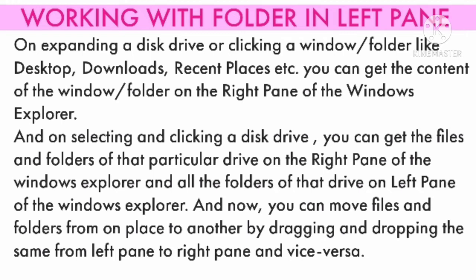And on selecting and clicking a disk drive, you can get the files and folders of that particular drive on the right pane of Windows Explorer, and all the folders of the drive on the left pane. And now you can move files and folders from one place to another by dragging and dropping them from the left pane to the right pane and vice versa.